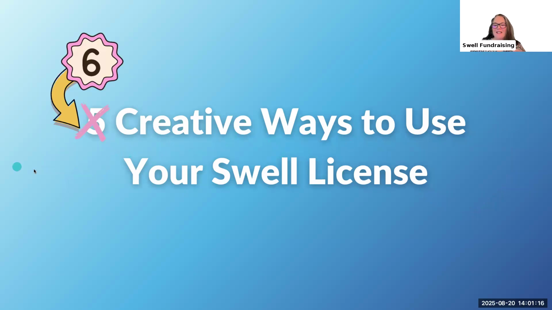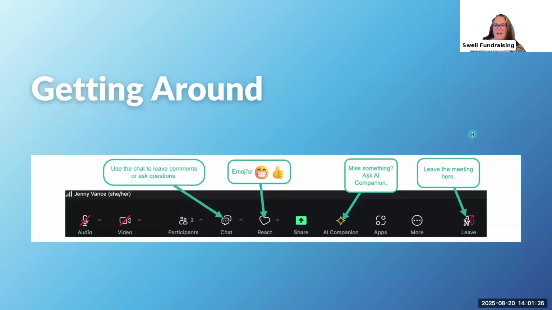And before we dive into those, just in case you're brand new to these sessions or you haven't been in Zoom for a little while, I want to take just a second to go through a couple navigation things, just some housekeeping things to let you know where things are. So down at the bottom of your Zoom window, you should see a menu that looks like this. It's just kind of across the bottom.